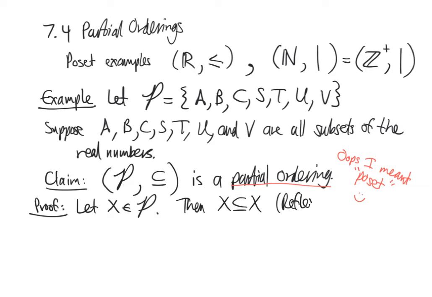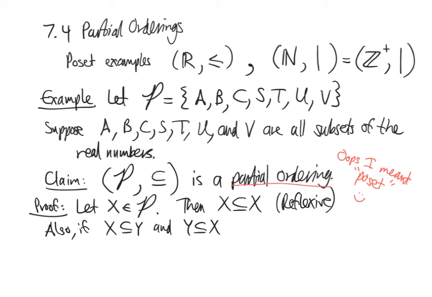So that shows the relation is reflexive. What about symmetric? If X is a subset of Y and Y is a subset of X, again, I'm pretending Y is a generic element chosen from among these.